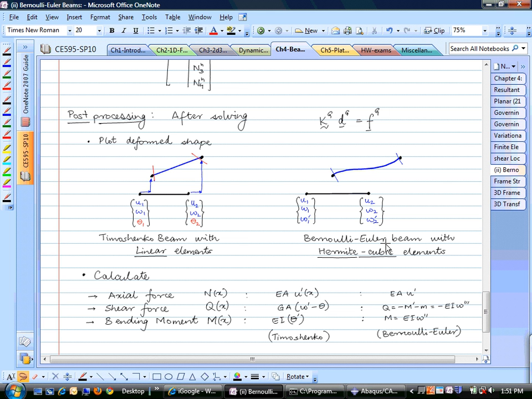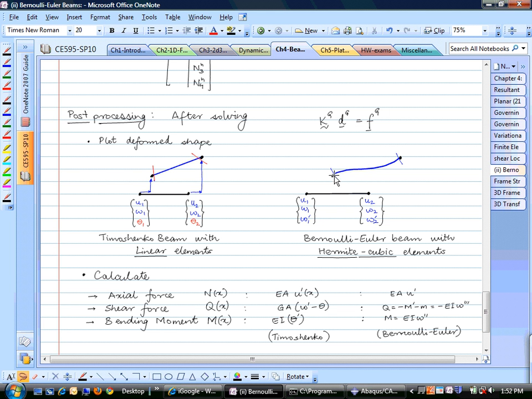But on the other hand, for Bernoulli-Euler beams, the W1 and W2, when you draw that, they are interpolated with cubic shape functions. So you cannot connect them with a straight line. I mean, you can approximately display them connecting with a straight line, but ideally what you should do is display it using those 4 shape functions that we talked about.